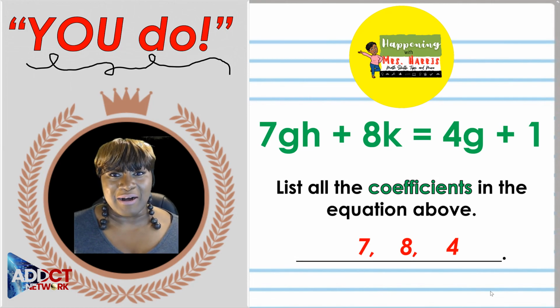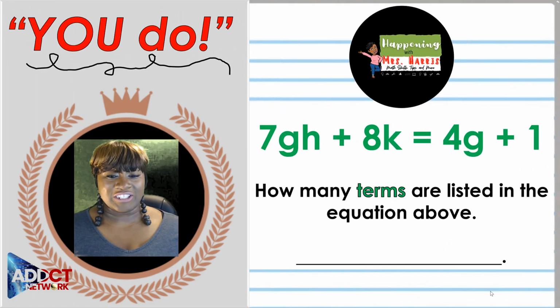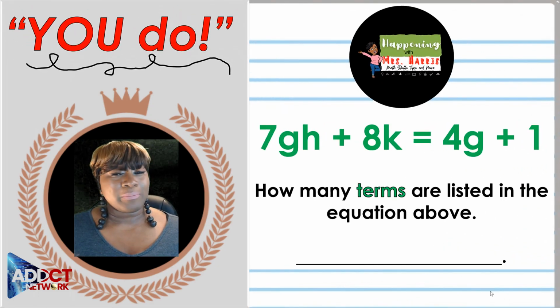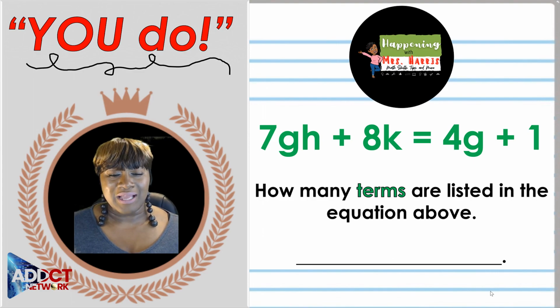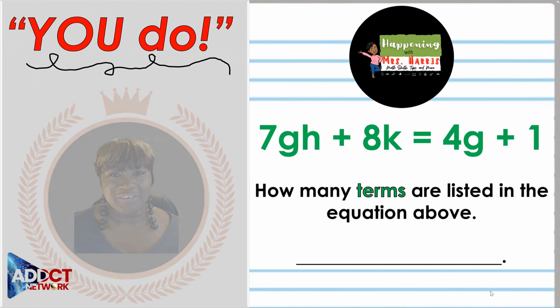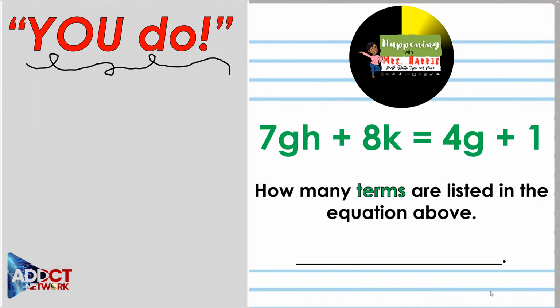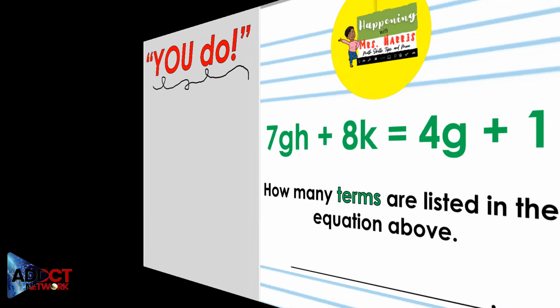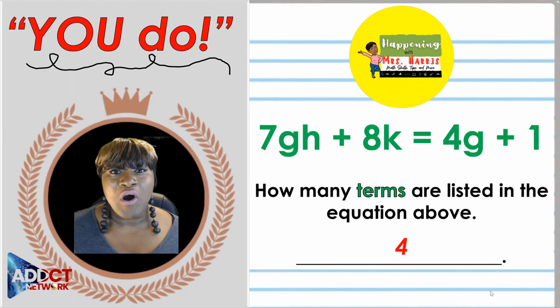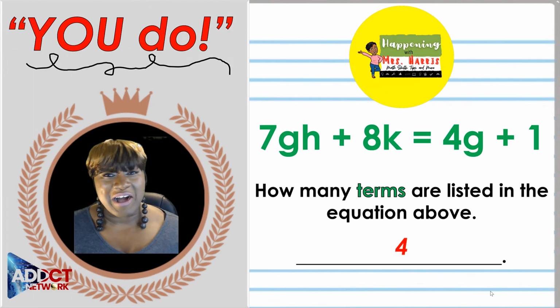Great job. Next question. 7gh plus 8k equals 4g plus 1. How many terms are listed in the equation above? There are 4. Awesome.